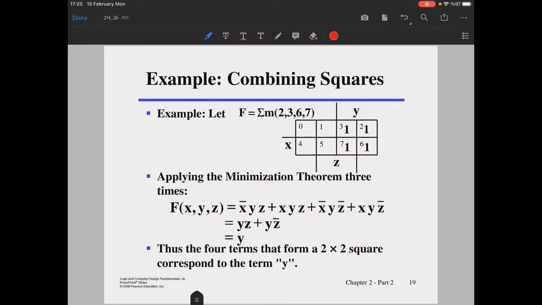Okay, let's take a look at an example now. If we combine them as size 1s here, the resultant expression would look like this. These are the locations.